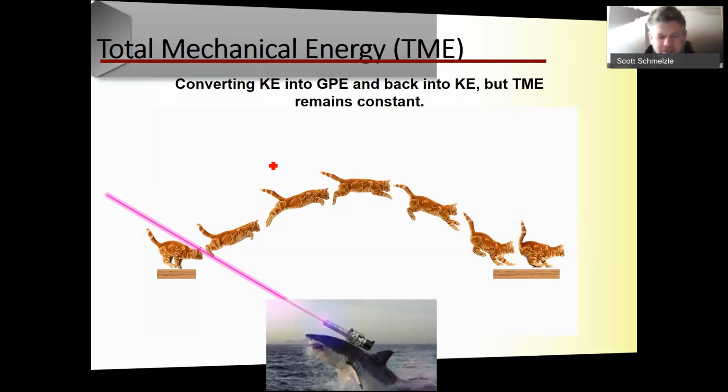All right. So anyway, what we're going to see is we've got a maximum amount of kinetic energy right at the beginning. So right as this thing starts to jump, the kinetic energy is maxed out. A minimum amount of GPE, gravitational potential energy, because at that point, it's not very high off the ground. In fact, it isn't high off of that starting point. Okay? Once it reaches the apex, right?